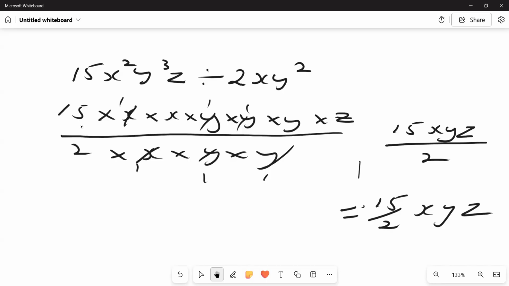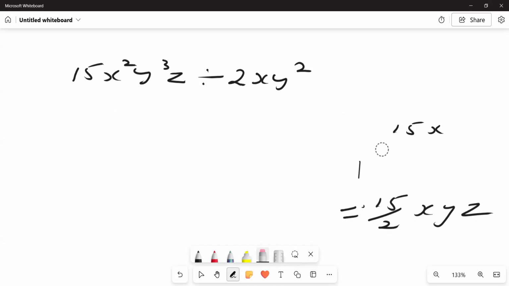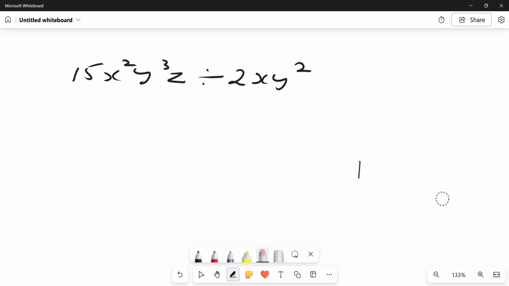Alternatively, when we do indices, let me just show you this little bit. You will see that there's a shortcut where you don't have to write it all out.